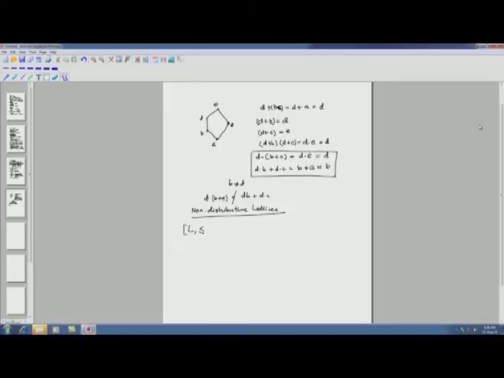So, I am considering a lattice L with a partial order which is distributive, has greatest and least elements, denoted by 1 and 0 respectively.